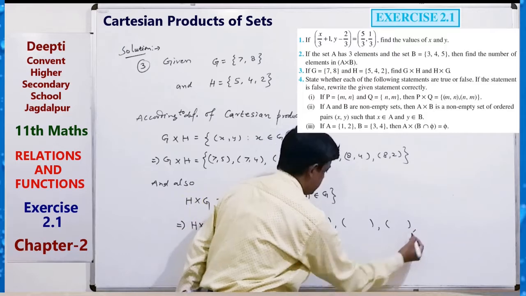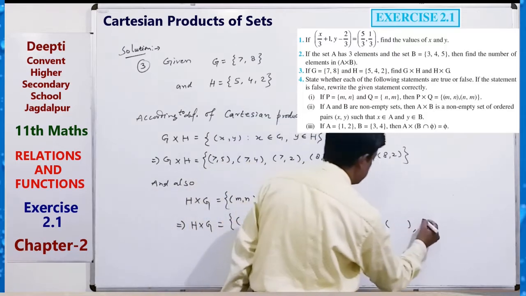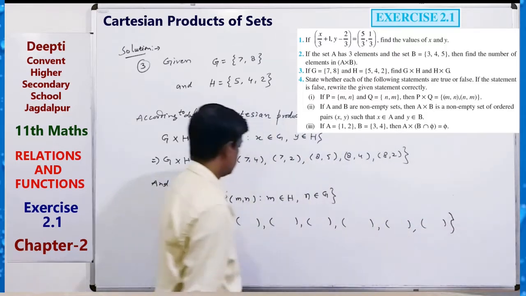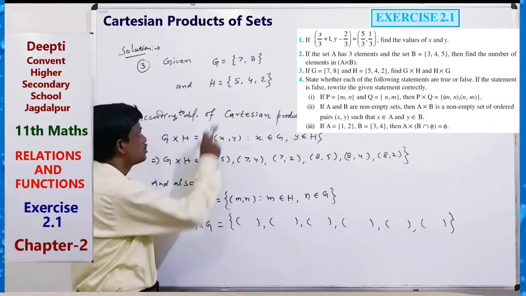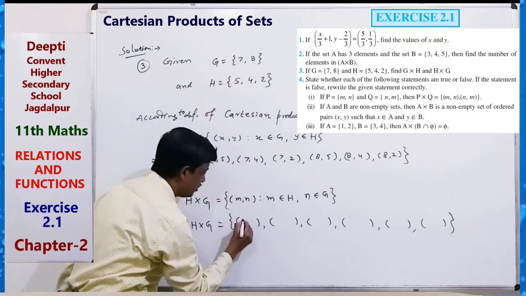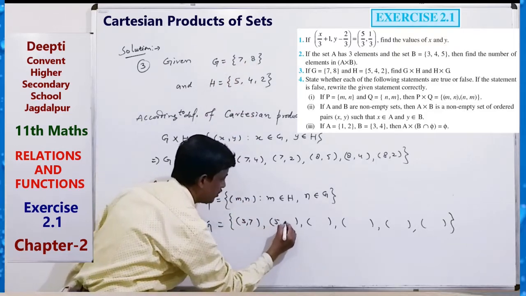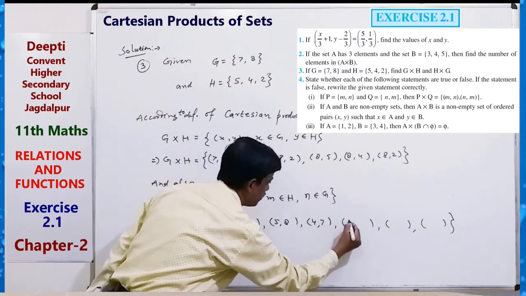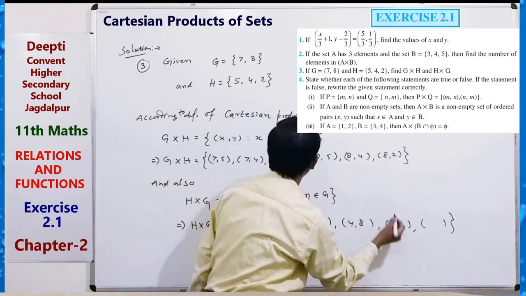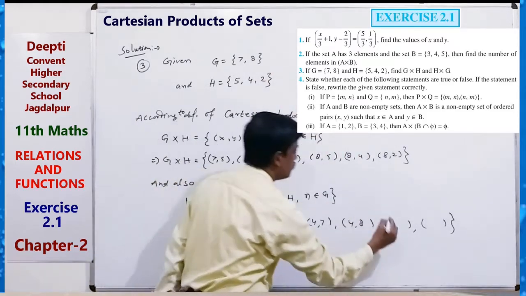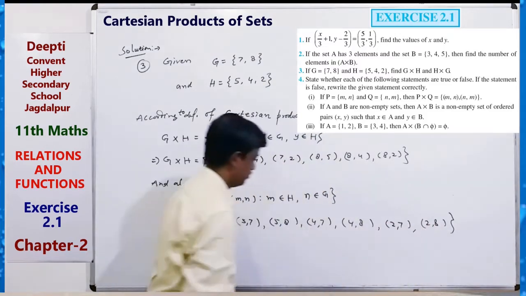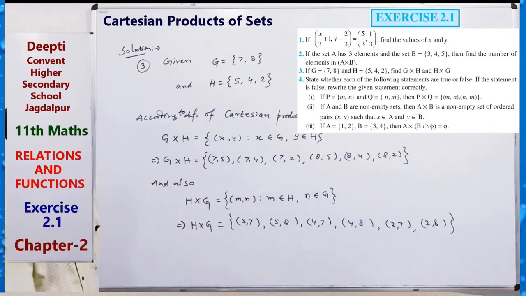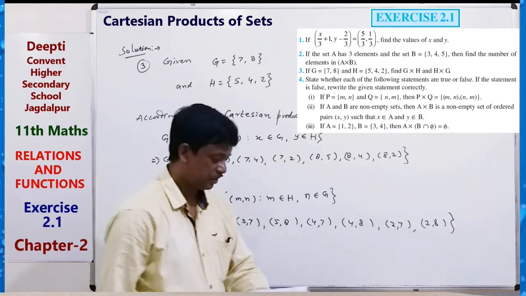First from H: (5, 7), (5, 8), (4, 7), (4, 8), and (2, 7), (2, 8). These are the listings of G cross H and H cross G. Okay.